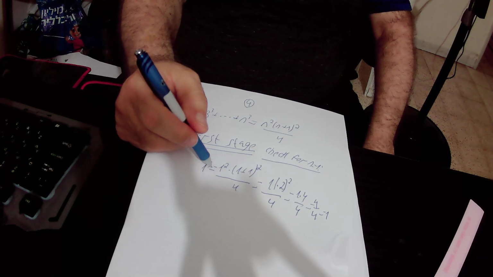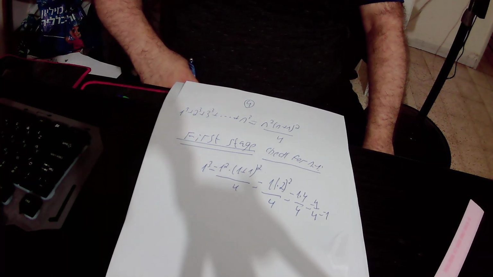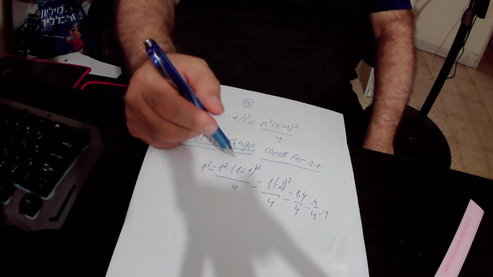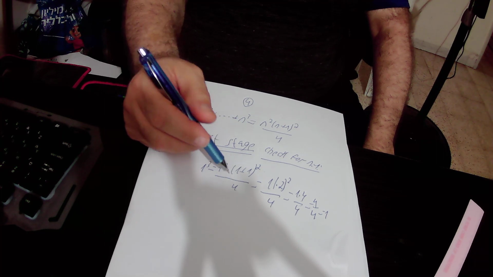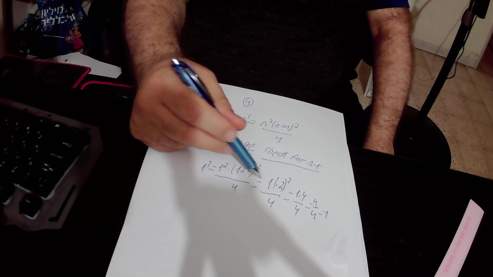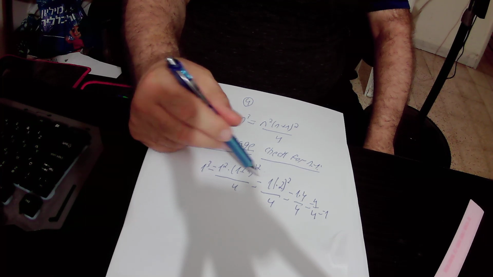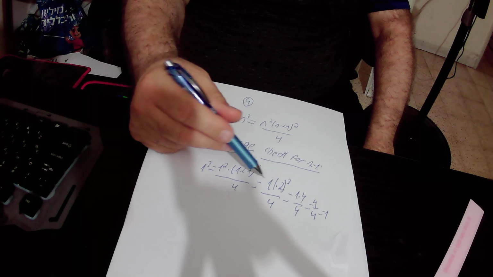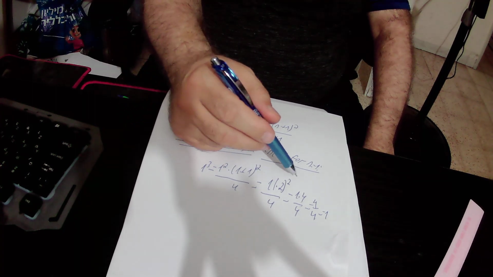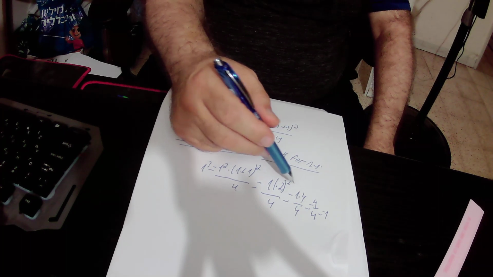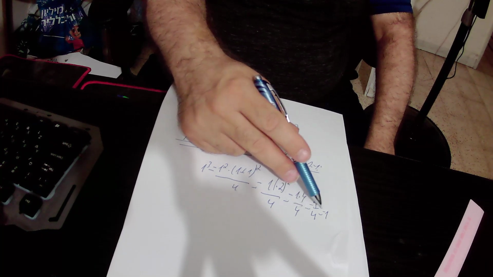On the other side of the equation we have n squared times n plus 1 squared divided by 4, and n equals 1, so it is 1 squared times 1 plus 1 squared divided by 4. 1 squared equals 1, and 1 plus 1 is 2, so it is actually 2 squared divided by 4, and 2 squared is 4, so it is 1 times 4 divided by 4, and 1 times 4 is 4, and 4 divided by 4 is 1.